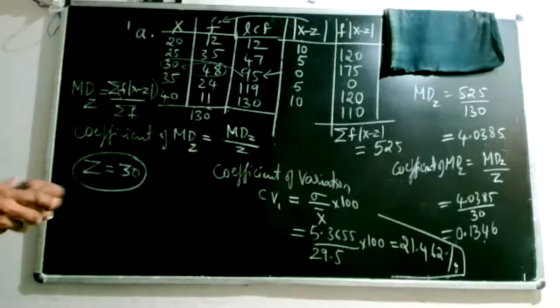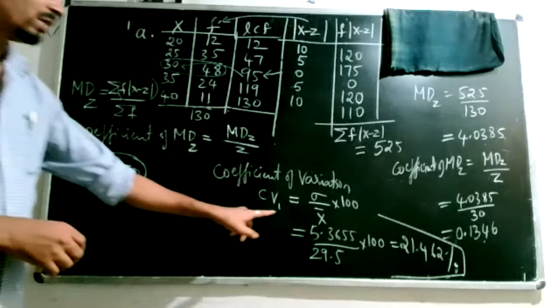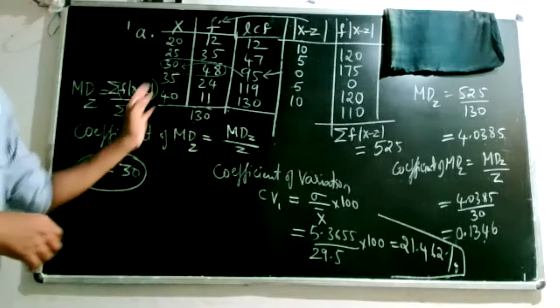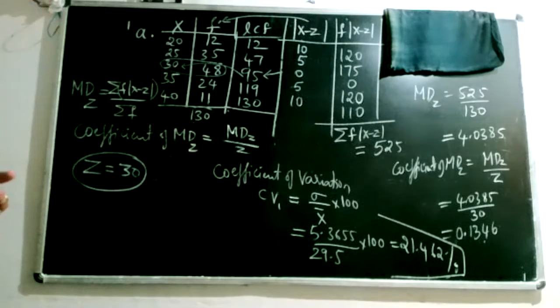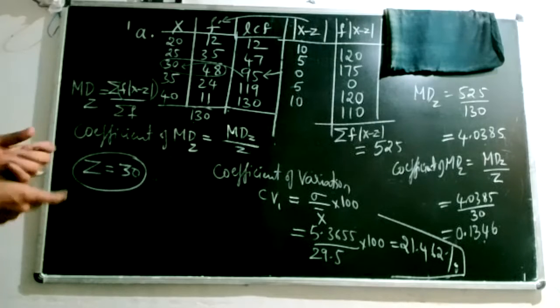We'll see how to obtain all these measures, and then we'll look into the applications of CV when two or more distributions are given to us. So tomorrow also you can join at 3 o'clock. We'll have a short session, 3 to 4. Will not take much of your time.